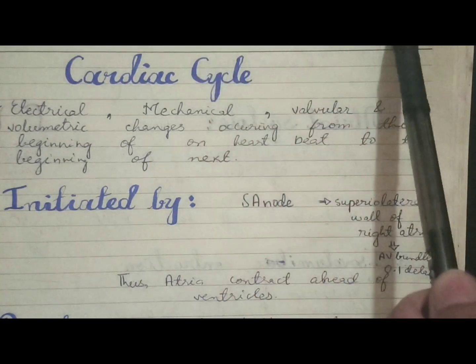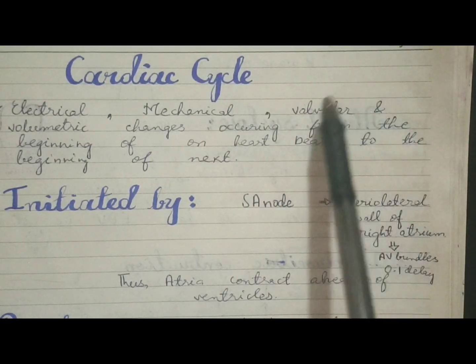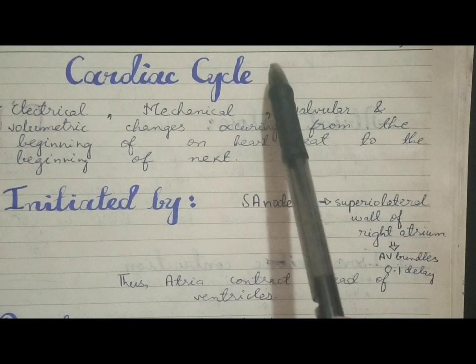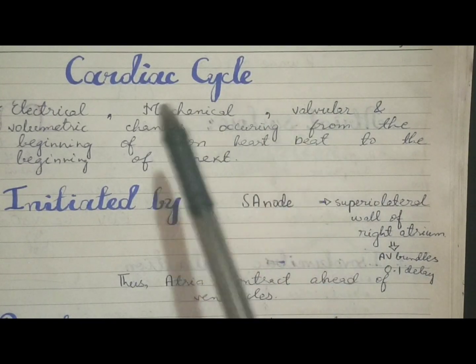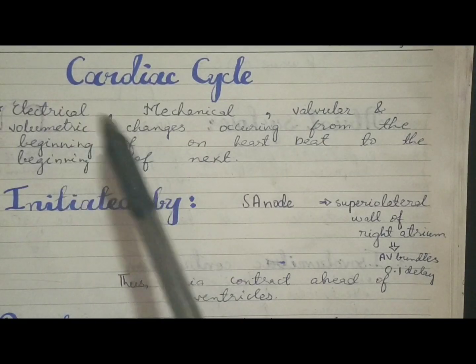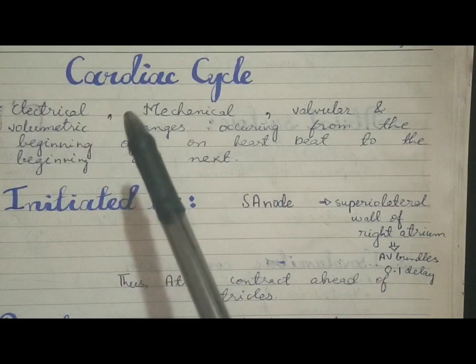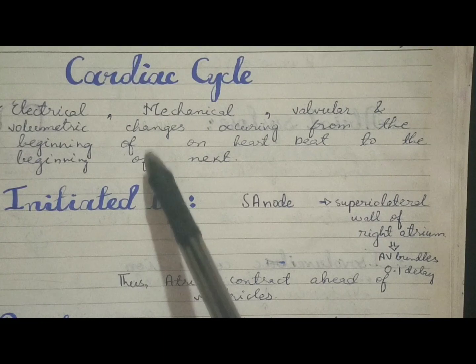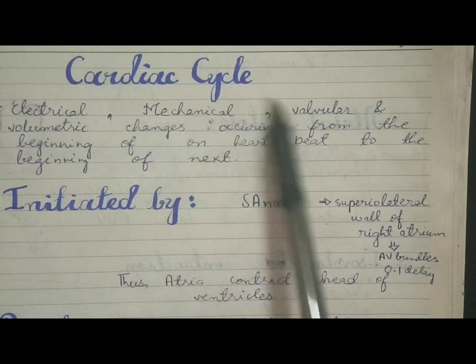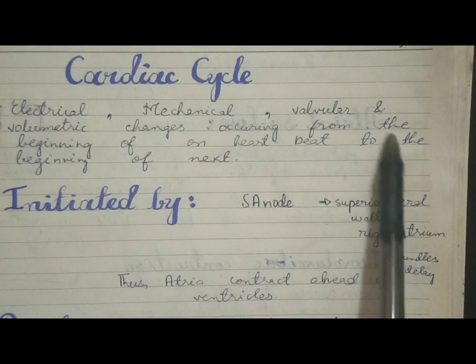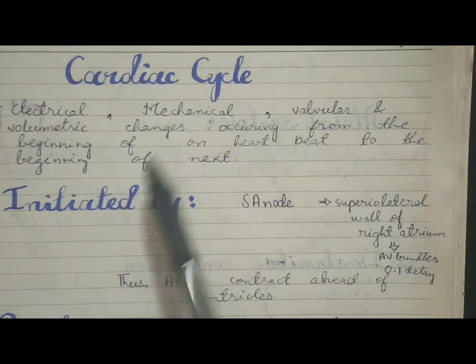Then blood flows from the atria to the ventricles due to atrial contraction. When the atria contract, a volumetric change also occurs, because the volume of the atria decreases. So it is a sequence of electrical, mechanical, valvular, and volumetric changes occurring from the beginning of one heartbeat to the beginning of the next.